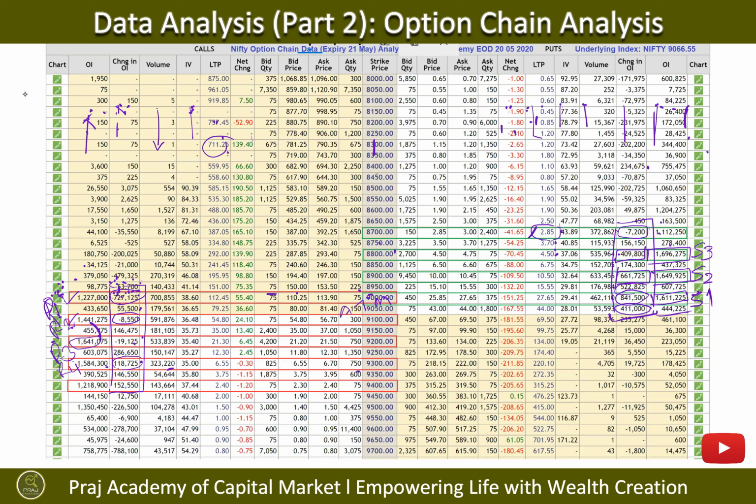That is where the risk on the buyer side is very limited, while the risk on the seller side of put or call is not unlimited as it is mentioned, but it's quite high.